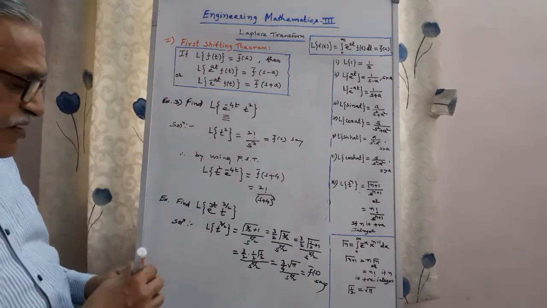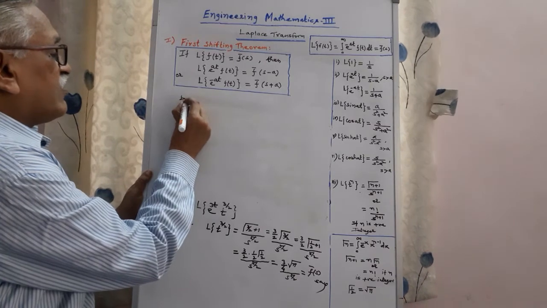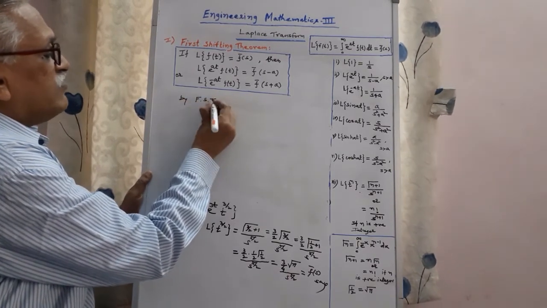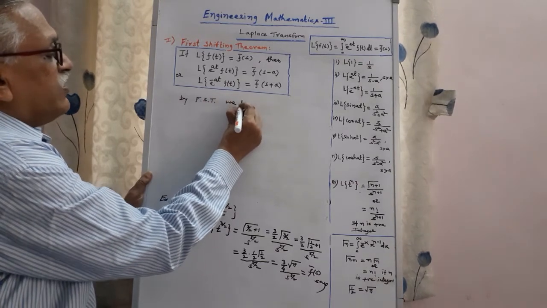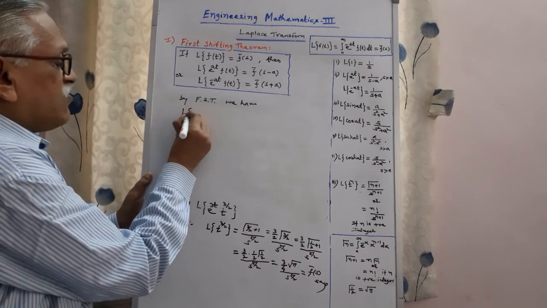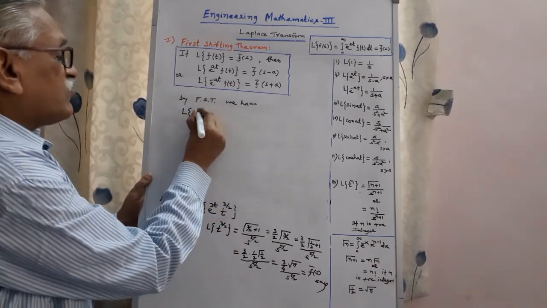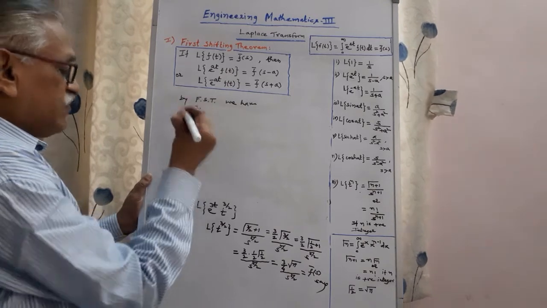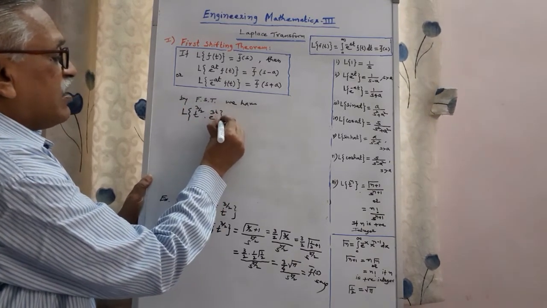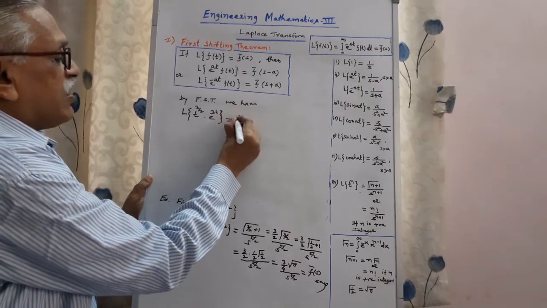Okay, and then applying first shifting theorem. By first shifting theorem, we get the Laplace transform of t raised to 3 by 2 multiplied by e raised to 3t as f bar of s minus a.